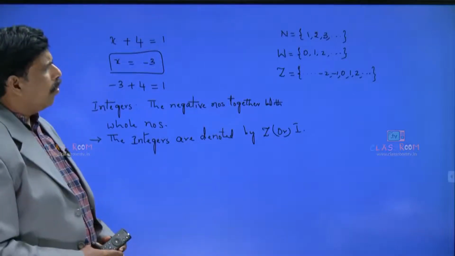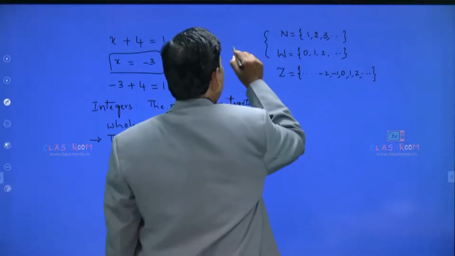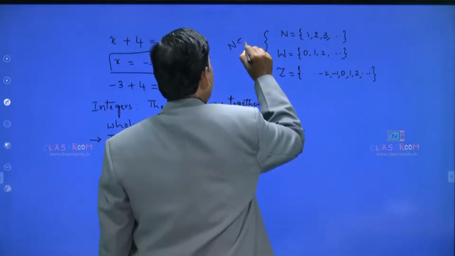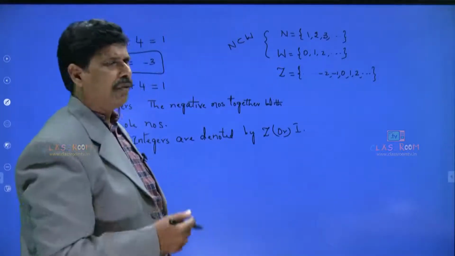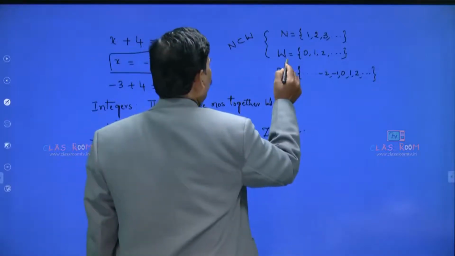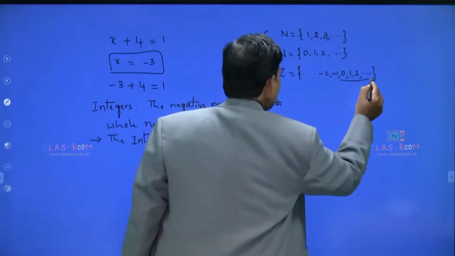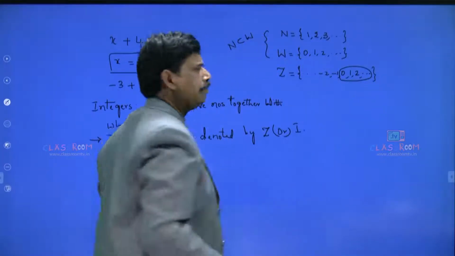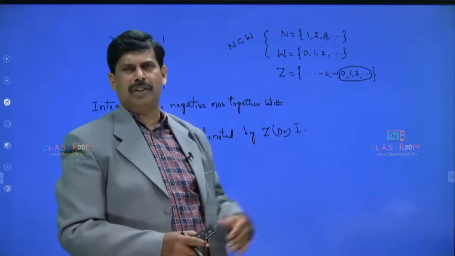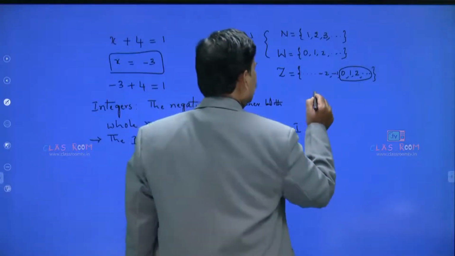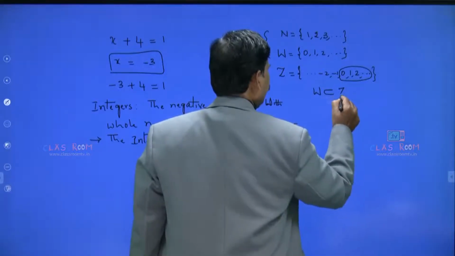So now we get that the natural numbers are a subset of whole numbers. And at the same time, the set of whole numbers, 0, 1, 2, 3, and so on, are all present in the set of integers. So the whole numbers are a subset of integers.